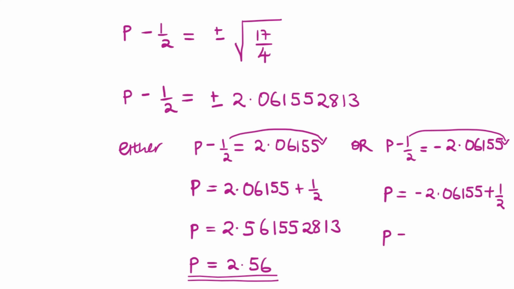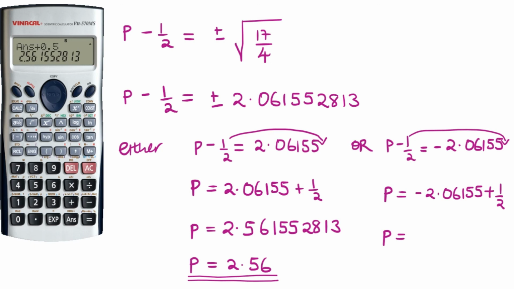So our p will just be equal to, we bring the calculator, it's a negative 2.06155. You can use the whole lot of the number, 1552813, plus half, I said, is just the same as 0.5.